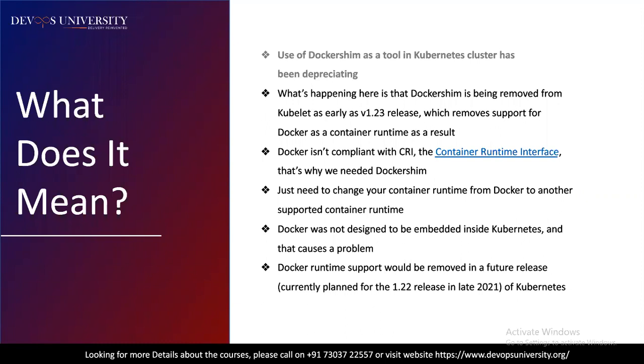And what is going to happen next is that when 1.23 releases, it would remove Docker as a container runtime. Not right now, but maybe later in 2021, Kubernetes version 1.23 would be released, and that would completely remove Docker as a container runtime environment.